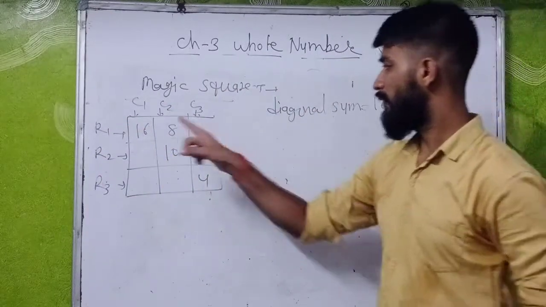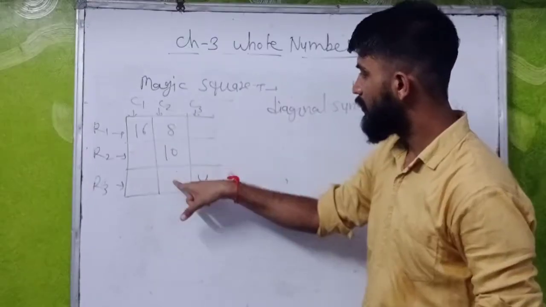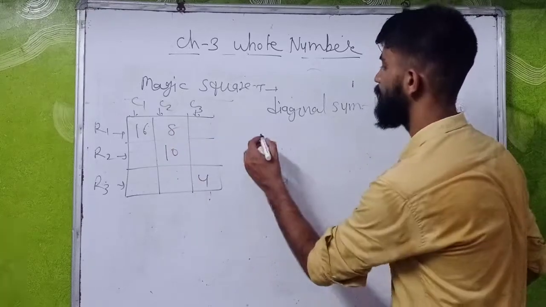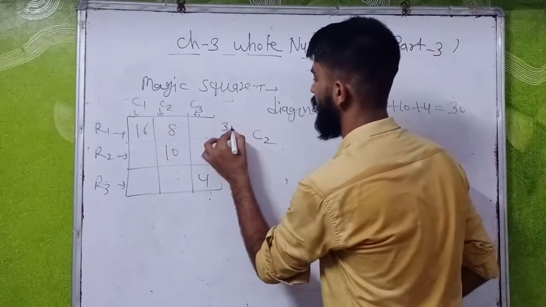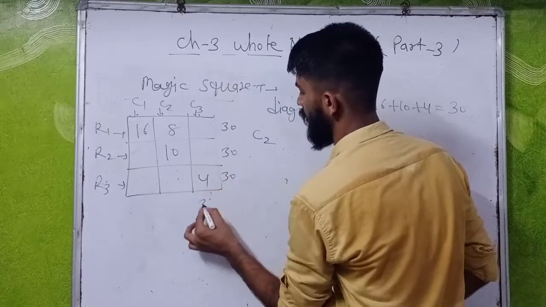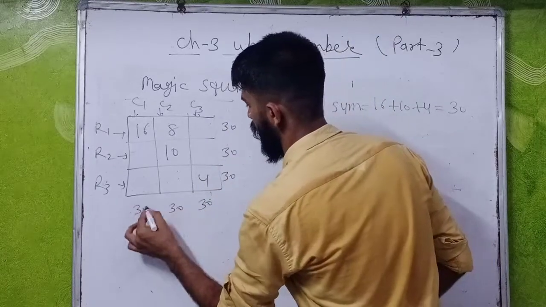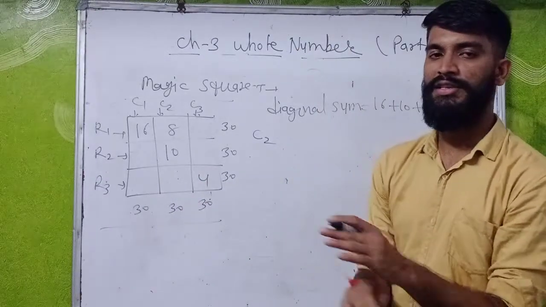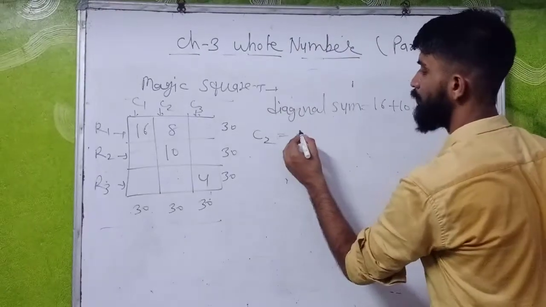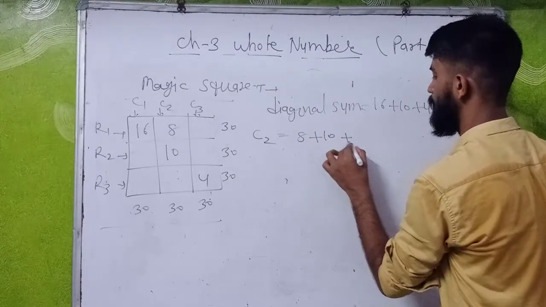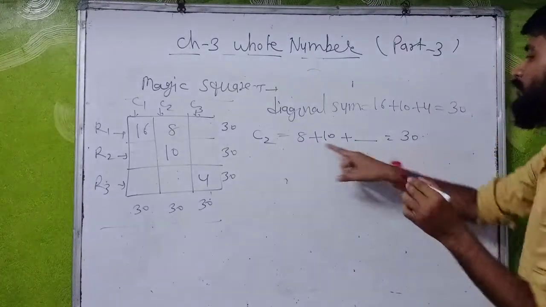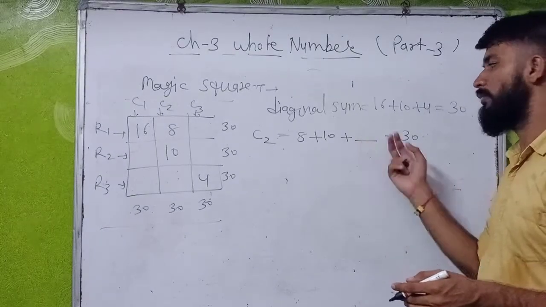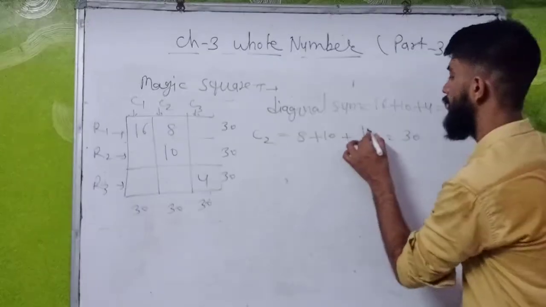We can take C2 first of all. Now we want 30 here. If all these sums are 30, then we can say this is a magic square, otherwise no. So in C2, 8 plus 10 plus blank equals 30. 8 plus 10 is 18, and the number added to 18 to make 30 is obviously 12.